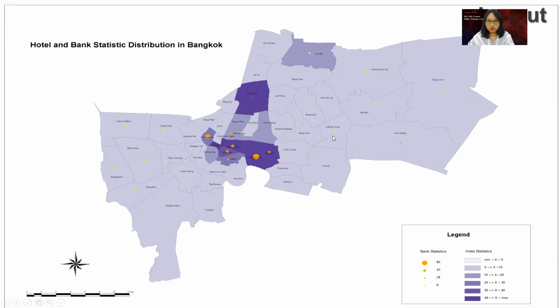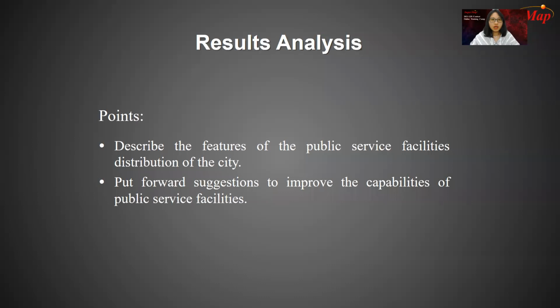So here it is easy to know, such as, these cities have no banks, and also these cities may have fewer hotels, or they don't have hotels. So it is also easy for us to analyze the distribution of the public facilities. So that's what we are going to do on the desktop, and then we should further analyze the results.